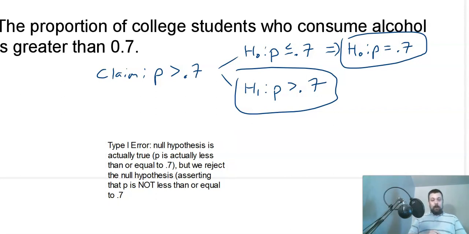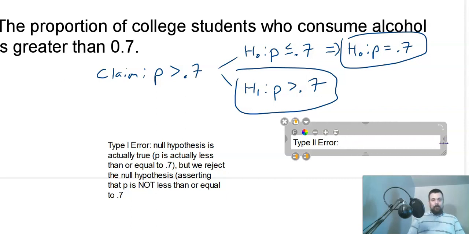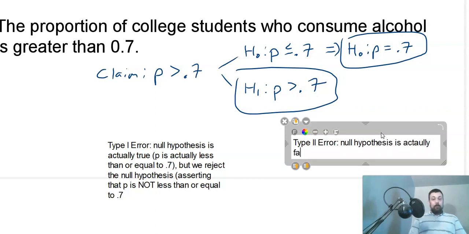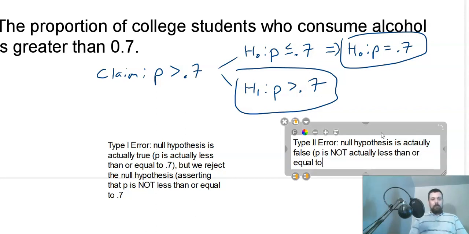So a type 2 error, what does that look like? Let me expand this out a little bit here. In this case, the null hypothesis is actually false. So p is not actually less than or equal to 0.7, but we fail to reject it.